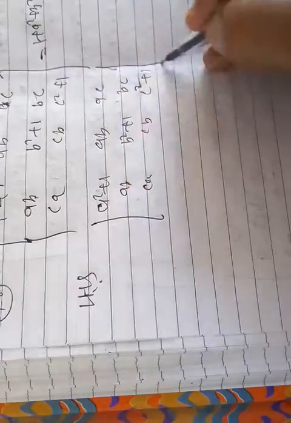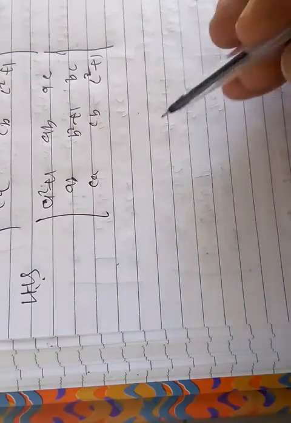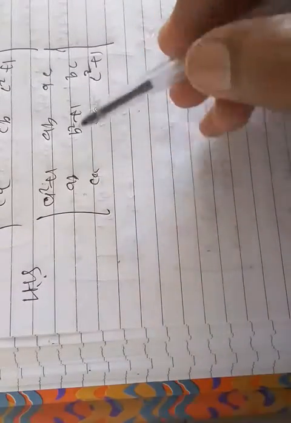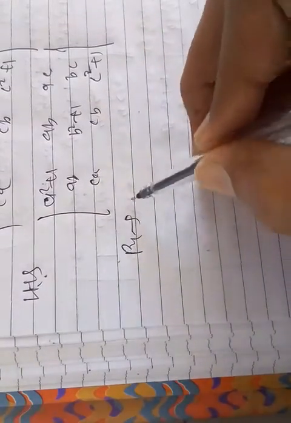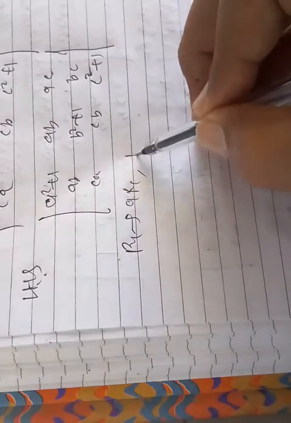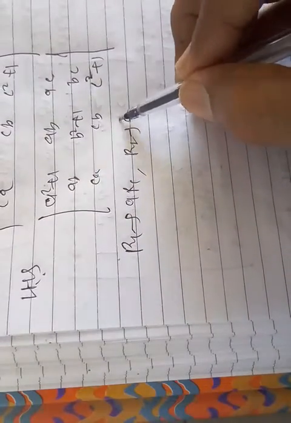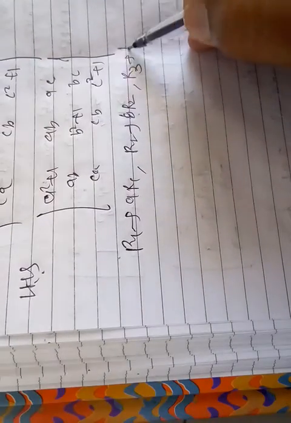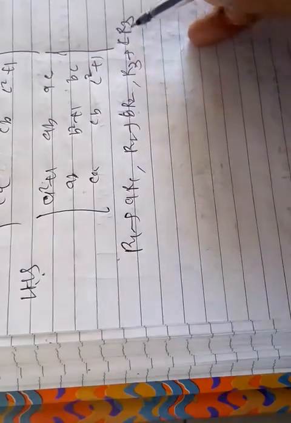Okay, so R1 tends to multiply by this method. So you have extra work. R1 tends to aR1, R2 tends to bR2, R3 tends to cR3.